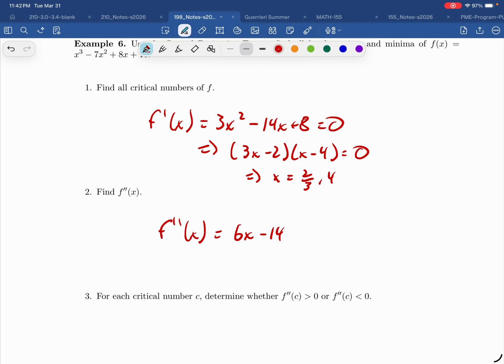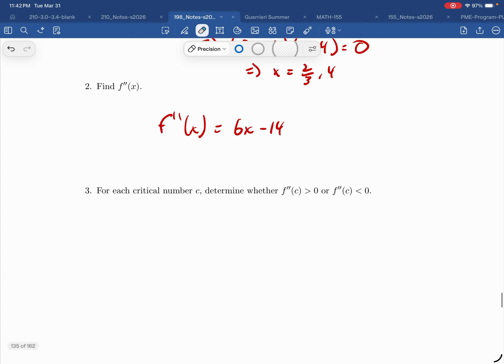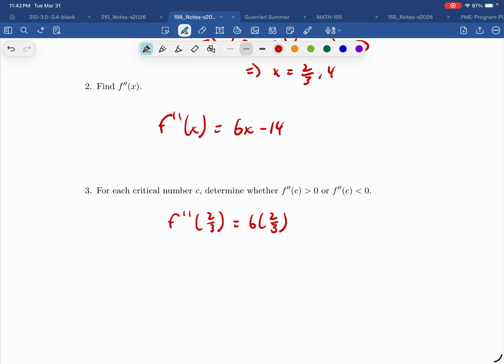And here we're going to plug in our critical numbers. Well, actually, let's do that in the next part. f double prime of 2/3 equals 6 times 2/3 minus 14.